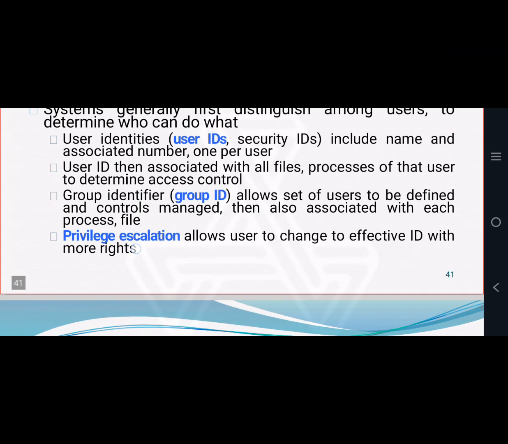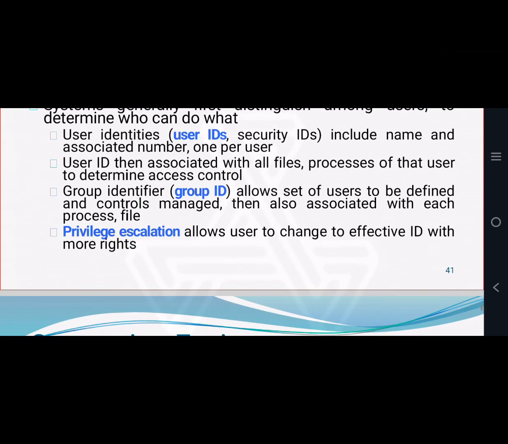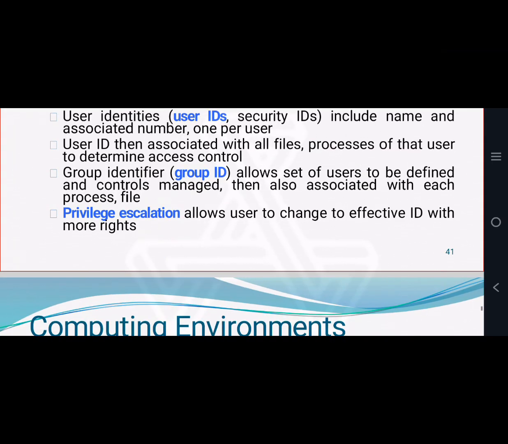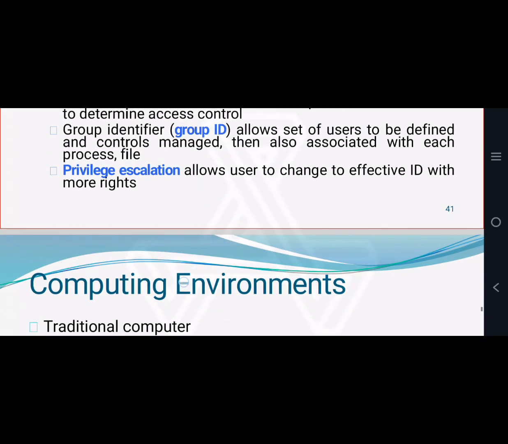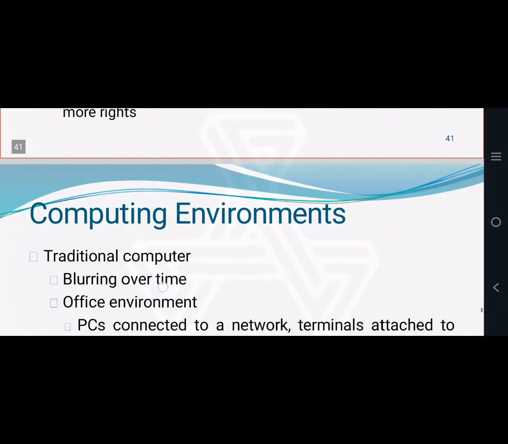User identities, user IDs or security IDs, include a name and associated number, one per user. The user ID is then associated with all files and processes of that user to determine access control. A group identifier, or group ID, allows a set of users to be defined and controls managed, then also associated with each process and file. Privilege escalation allows a user to change to an effective ID with more rights.